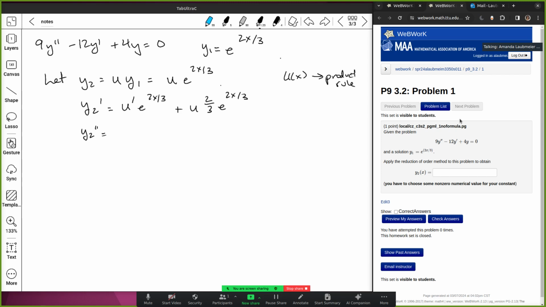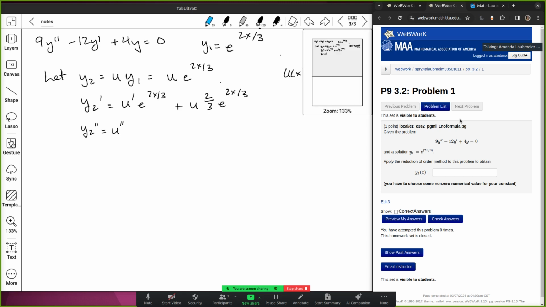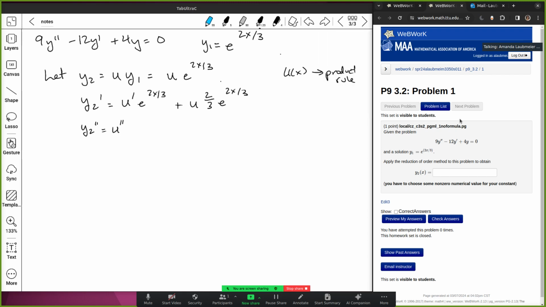So I'm going to take the derivative of u prime to get u double prime, and leave e as written. Or I'm going to leave this u prime here alone and take the derivative of the e to the 2/3 x.